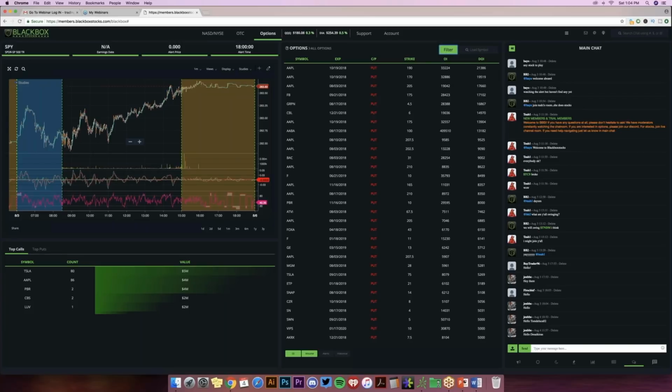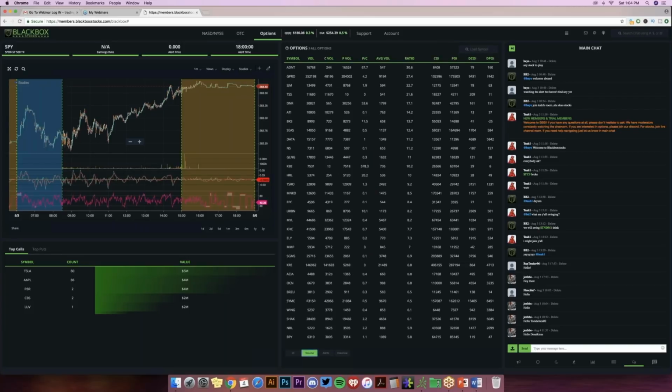One of my favorite tabs is the volume tab. What this is showing you is the options that are trading several times their average volume. On this page you've got the ticker, the volume for that particular ticker on the day, call volume, put call ratio, and average volume, and this average volume is the 10-day exponential moving average.